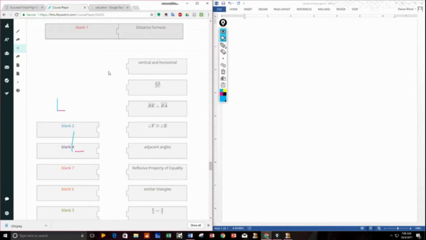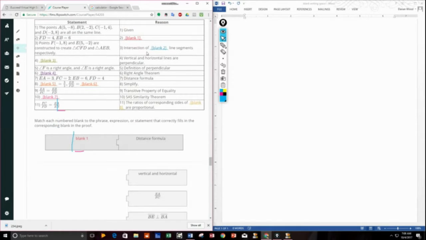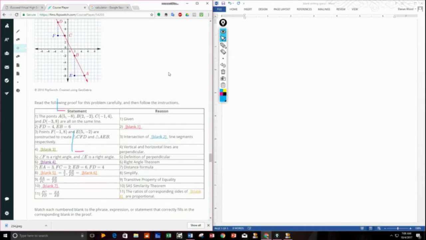So distance formula. Alright, and we're looking at point F at (-1, 8), and E at (5, -2), constructed to create triangle CFD and triangle AEB respectively. Intersection of blank line segments.